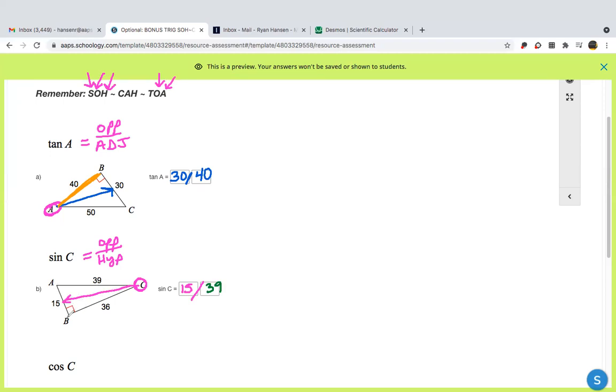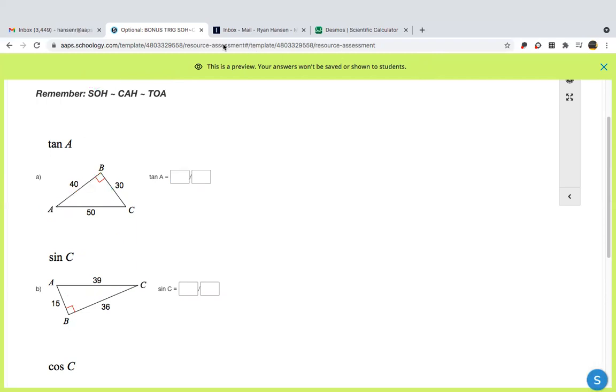The legs make the 90-degree angle. The hypotenuse is across from the 90-degree corner. So there you have your 39. So from angle C, the opposite is 15. The hypotenuse is 39. So there you go. I'm going to clear those and move up my paper.